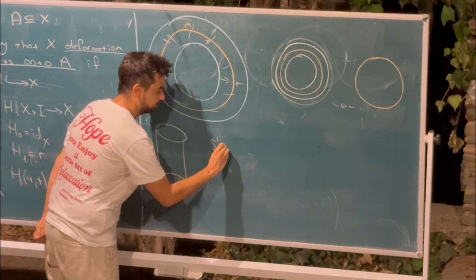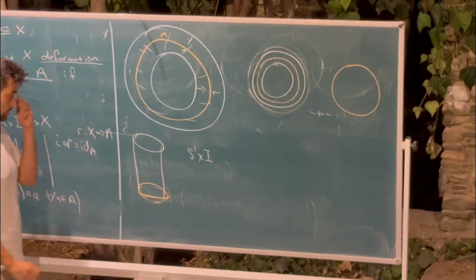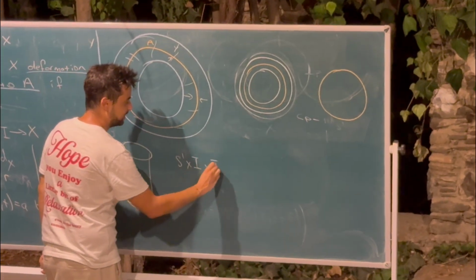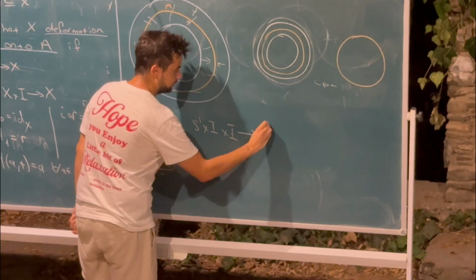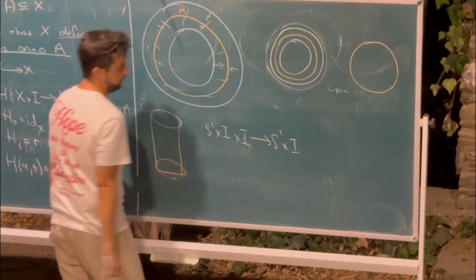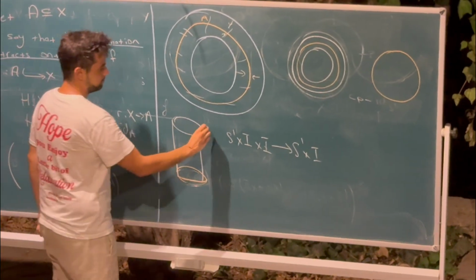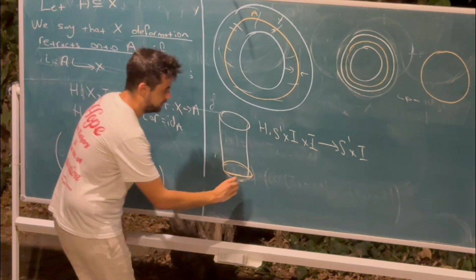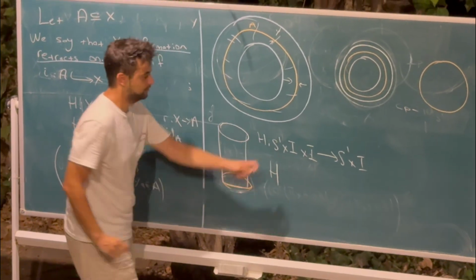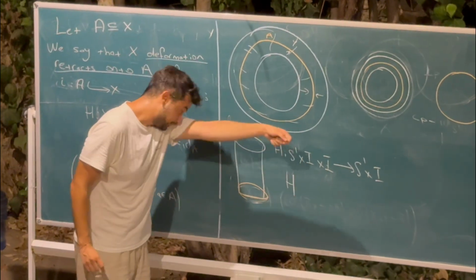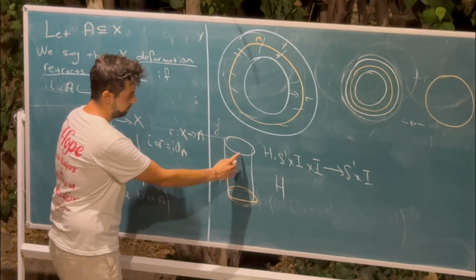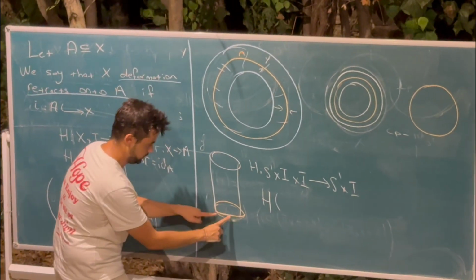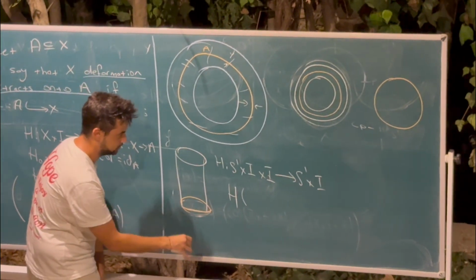It's S1 times I. I want to write a map from S1 times I to S1 times I. This gives me my height in the cylinder, and I don't want to change its location on the circle.